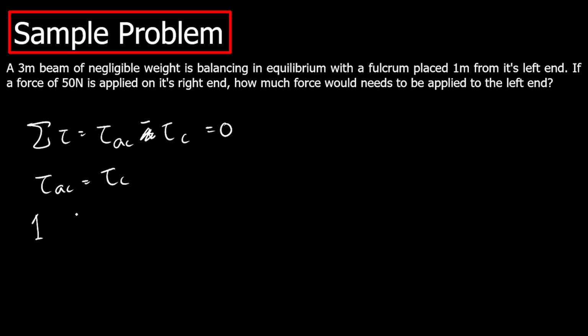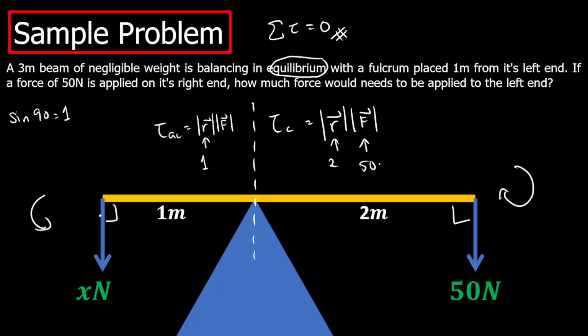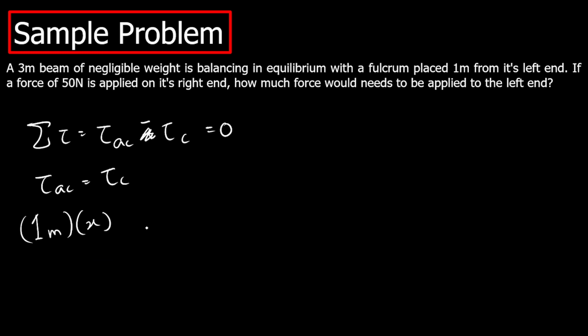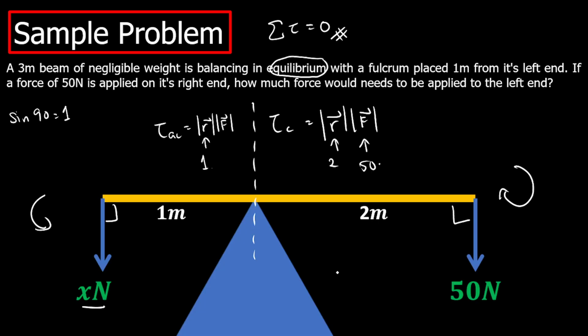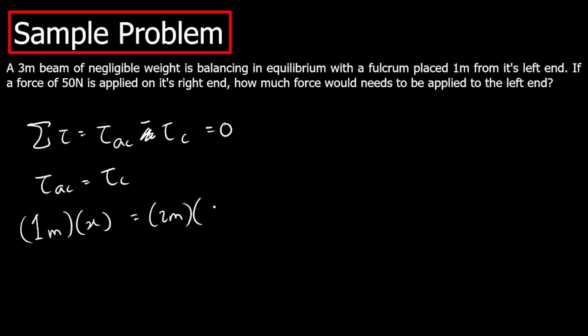For the anti-clockwise, here we have 1 meter, and we are looking for the x value, the x Newton. For the clockwise, we have 2 meters, and the force is 50 Newton.